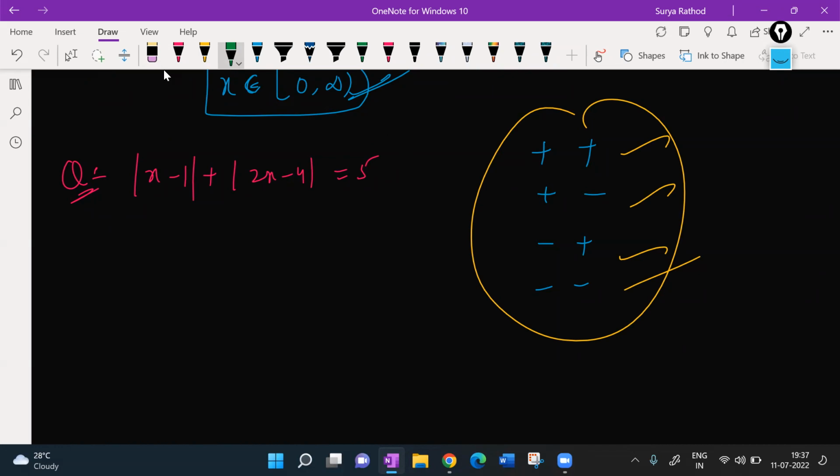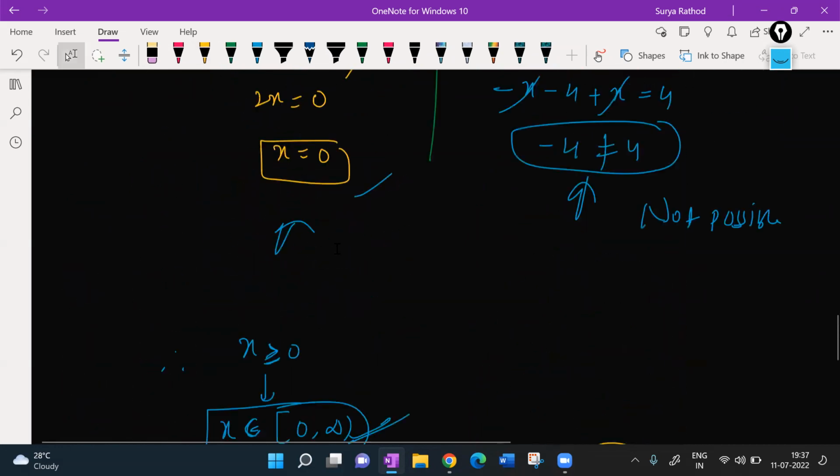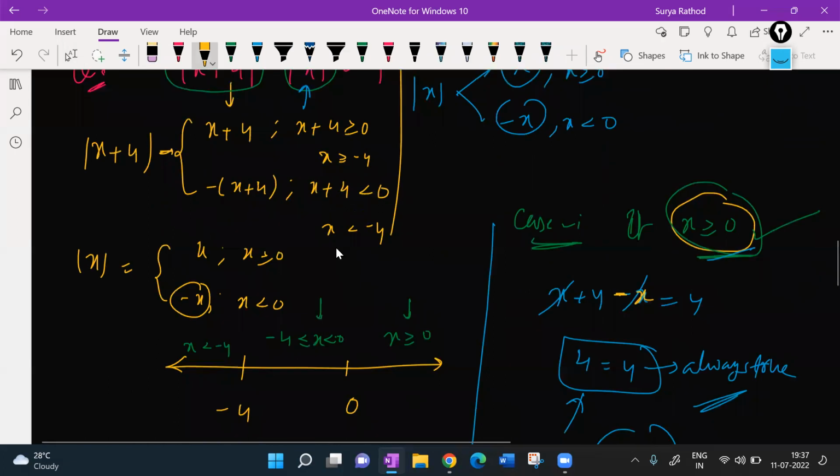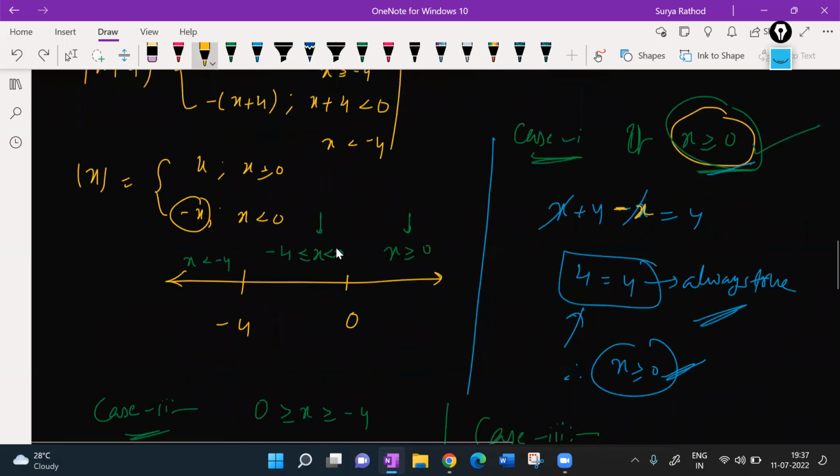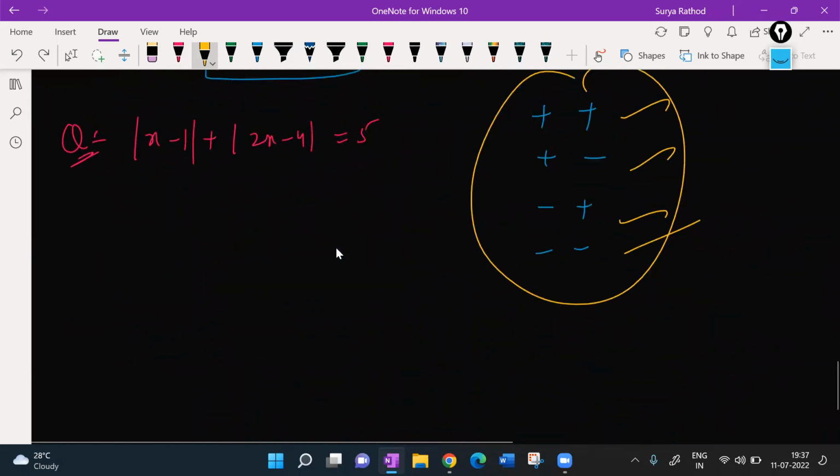Then I'll decide my final answer. It is a kind of lengthy process, but if you know the definition of modulus, look at how simple it is. You just split each function in 2 ways, into 2 cases, draw the number line, take the cases, and solve it fast. That's it.